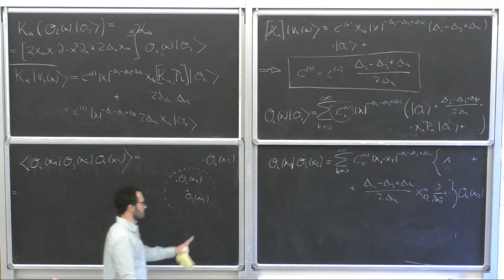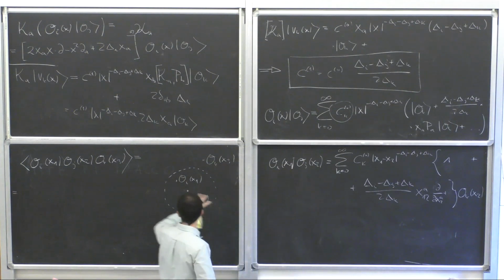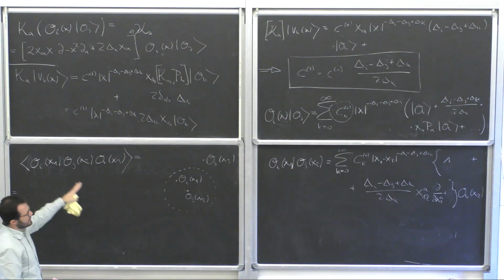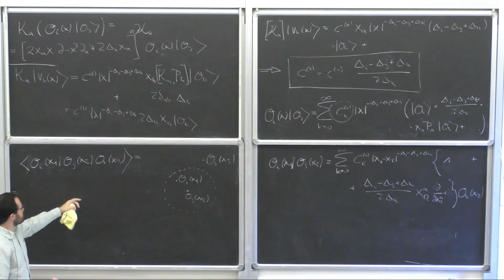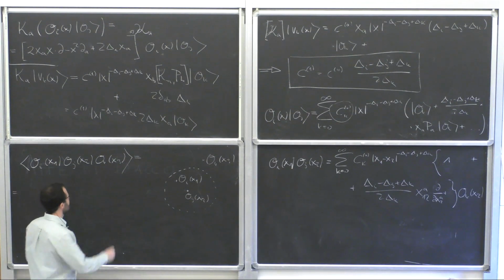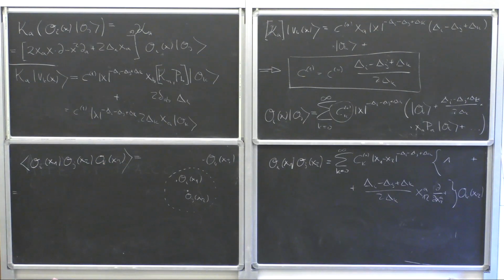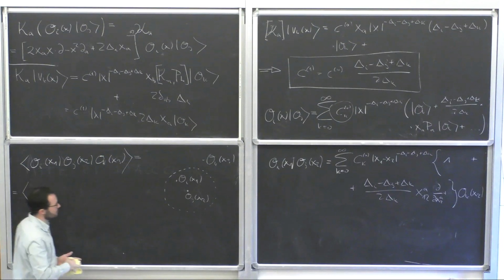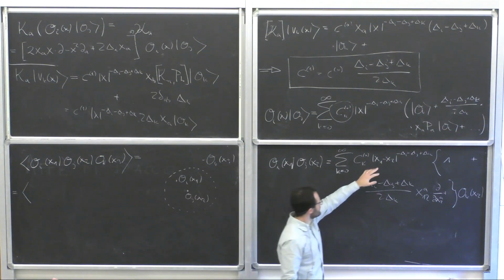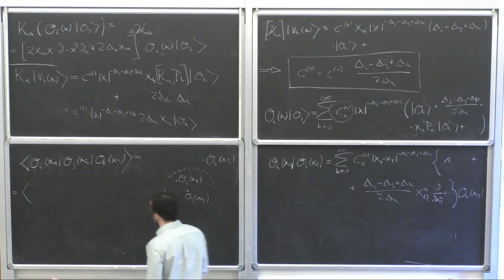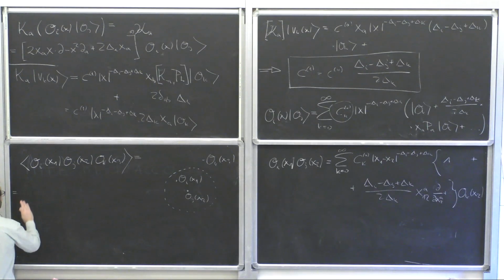So let's insert this formula into here. But then I guess we should call it k prime because we don't want to be summing over the same index that's fixed to some value. So let's just keep the first term. So I just keep this term. And then we would get a sum over k prime.